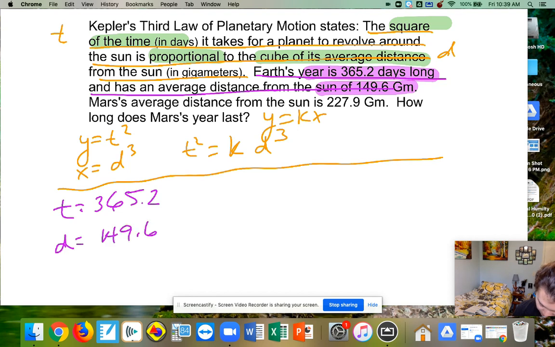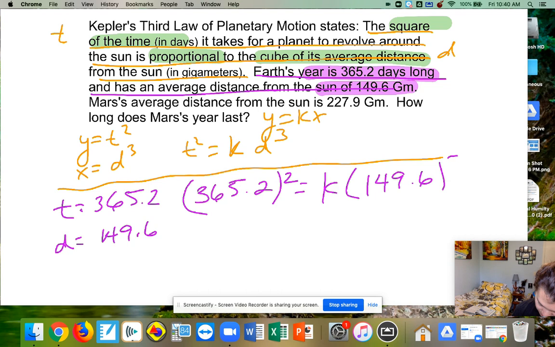Plug that in, you get 365.2 squared equals k times 149.6 cubed. So solve that. Square the left side, cube the right side, divide, and k will equal 0.0398.